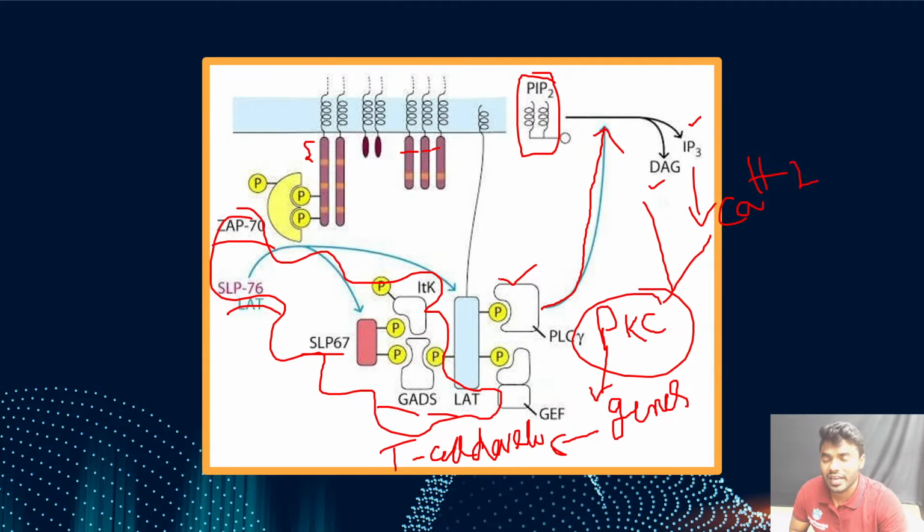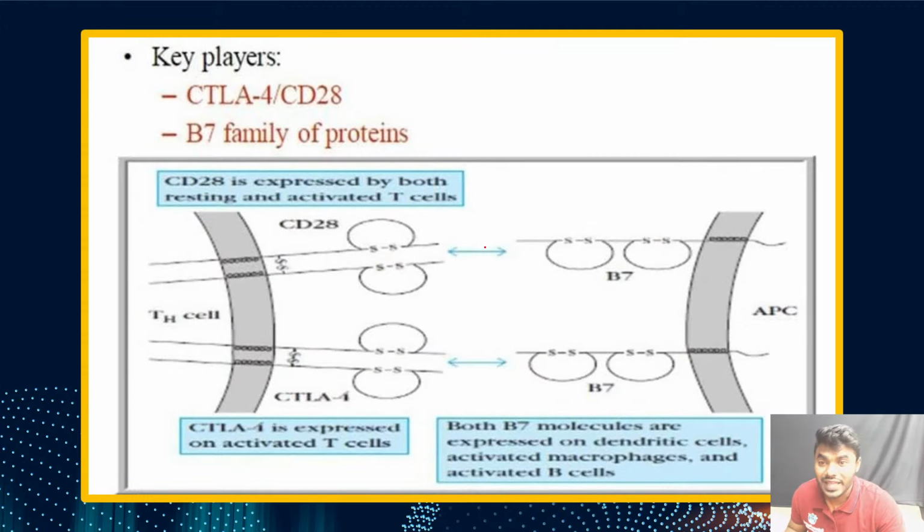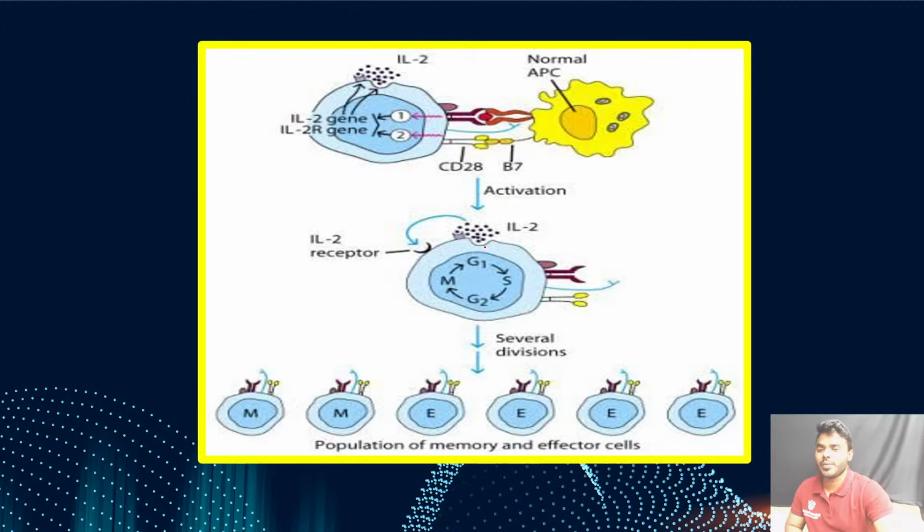Finally they activate an effector molecule called PLC gamma, and PLC gamma breaks down the PIP2 into IP3 as well as the DAG molecule. Now IP3 is going to give rise to what, friends? Calcium. Now DAG and calcium come close together and stimulate the PKC. Then PKC will be helpful in the development of the many genes which are involved in T cell development. Simple it is. That is the signaling process.